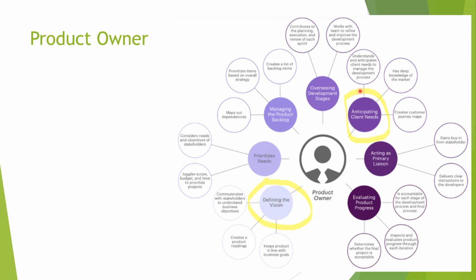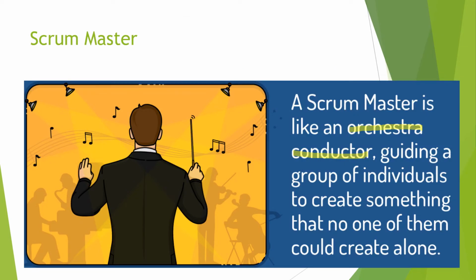Creating a customer journey, having deep knowledge of the market, and understanding and anticipating the client needs to manage the development process. Anticipating the client needs is a very, very important quality. Other things we already discussed in previous slides. The product owner should be capable of, or build skill in, anticipating client needs.